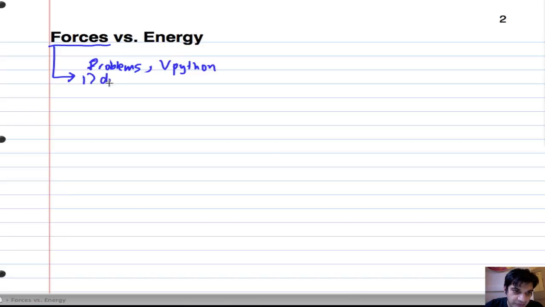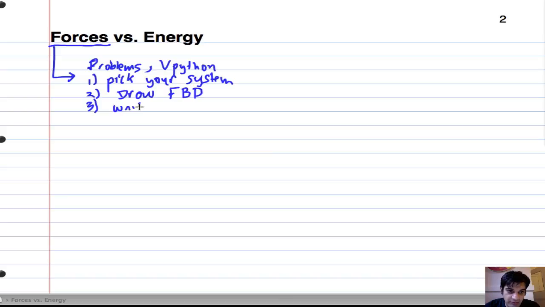First, you pick a system, or it's picked for you. Then, of course, you draw your free body diagram. Using your free body diagram, write down the equations from Newton's second law.